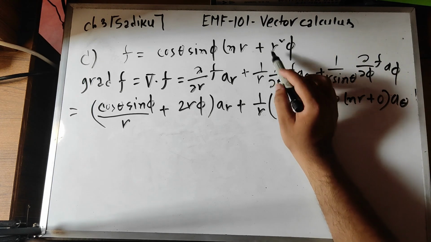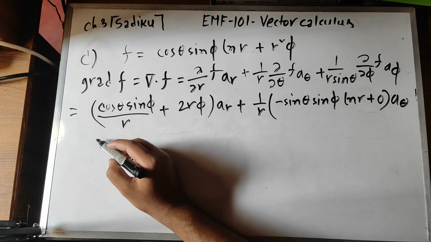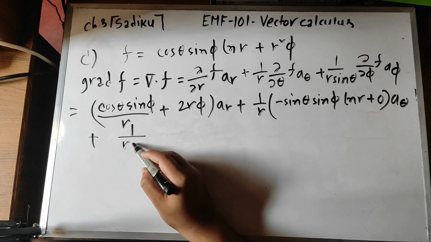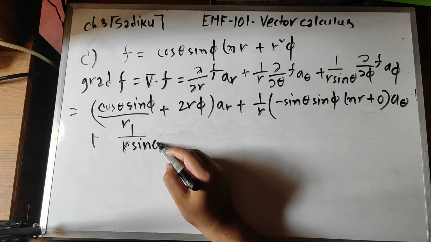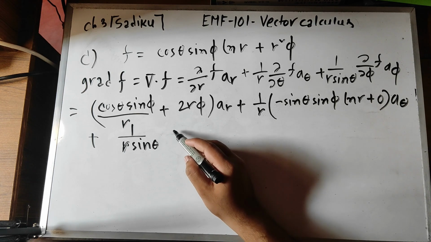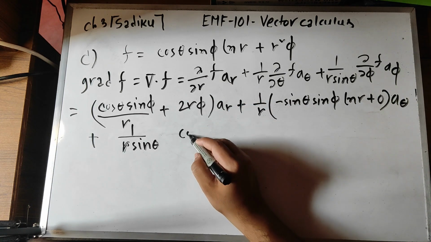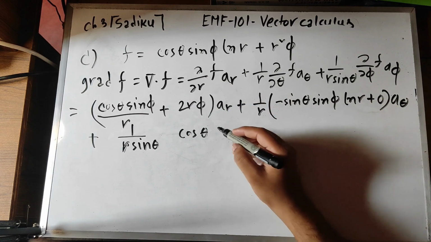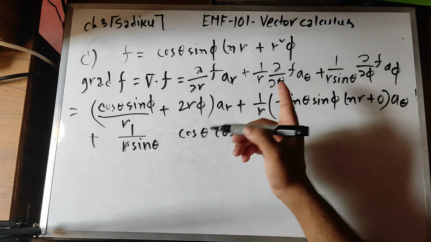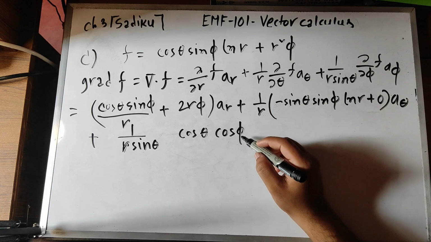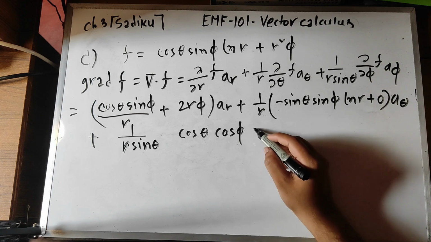There is no theta in this part, so partial differentiation is 0, and plus 1 by r sine theta, partial differentiation with respect to phi, so cos theta, and partial differentiation of sine phi gives cos phi. Differentiation of sine is cos.